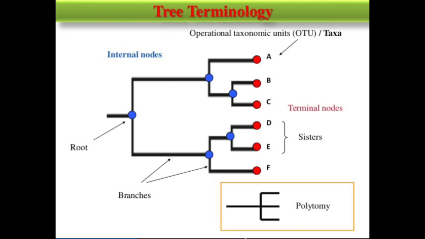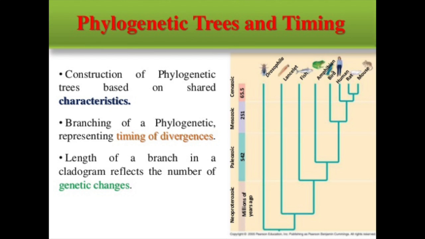So yeah, according to the slides, there are root and branches, and there are sisters and nodes. Yeah, so it's a lot like the Bayesian network. And there is also timing in the tree.